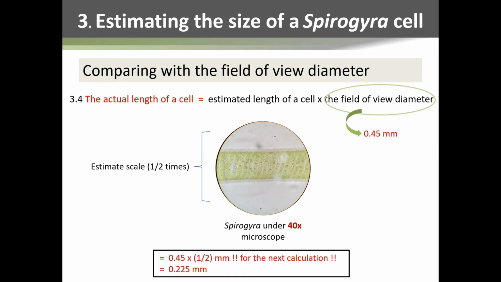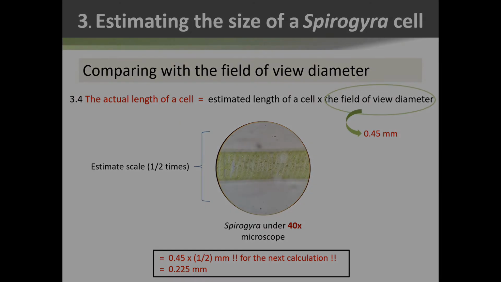The actual length of a cell is 0.225 millimeter. We also use this value of the actual length of a cell for the next calculation.